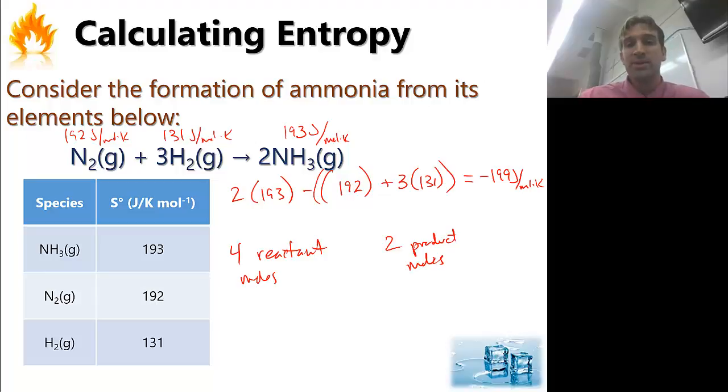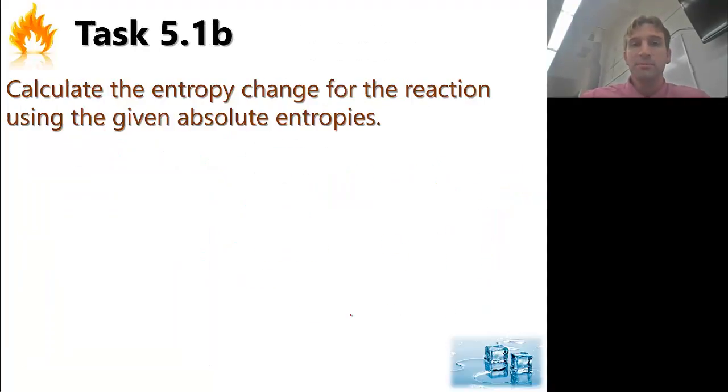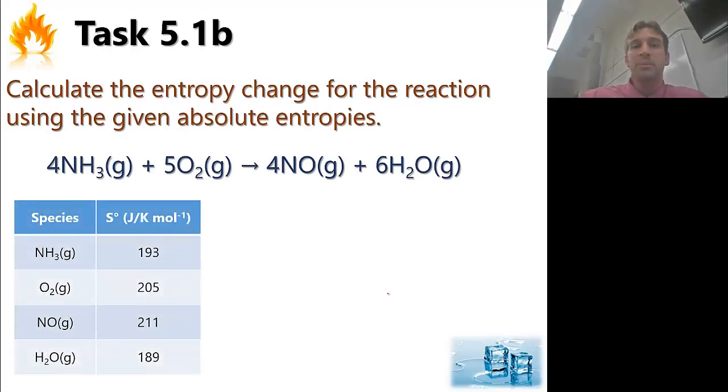Makes sense that 4 moles has a higher entropy than 2 moles, so this must be a decrease in entropy, which makes sense that it's a negative on my numeric value here. Negative 199 joules makes sense if there's a decrease in entropy. Now, I'm going to ask you to go ahead and work out this problem based upon the entropies that are given, and then you can check your work in your own mind.